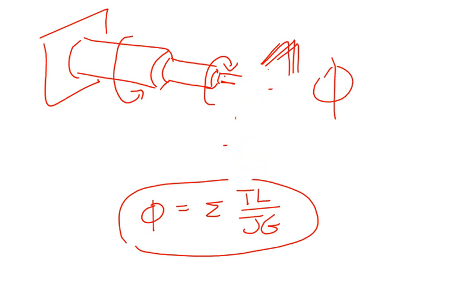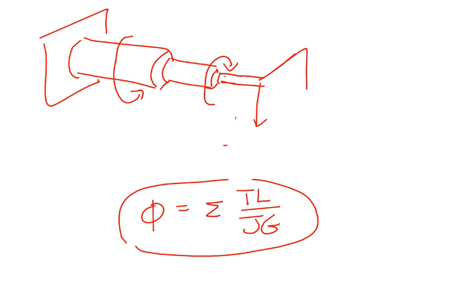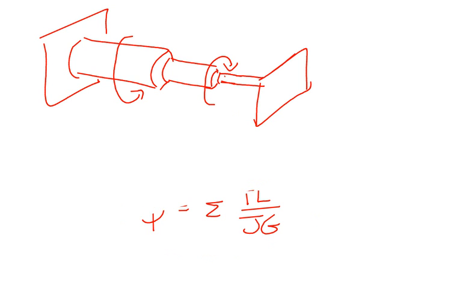Let me redraw this a little better. So I've got 3 different rods, 3 different materials, and they're all welded together. But this whole composite rod is fixed at both ends. I want to find the reactions at both supports.